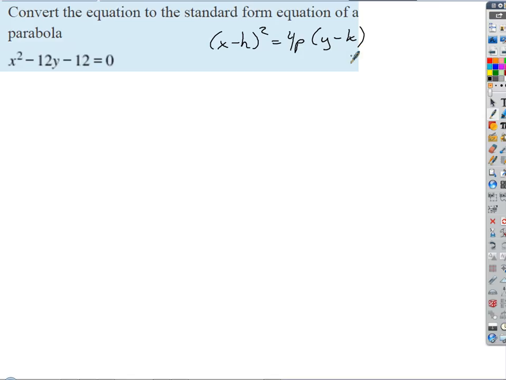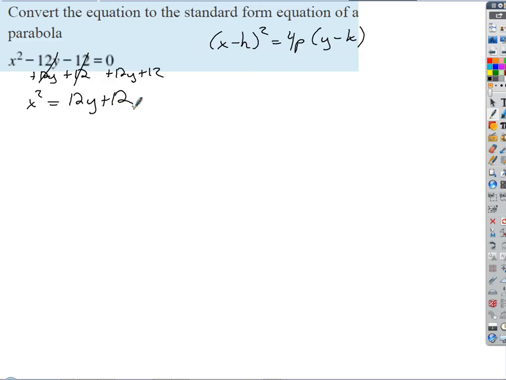So the x terms go on the left, so we get x squared on the left. We're going to add everything else to the other side. So we'll add 12y and 12 to both sides, which gives us x squared equals 12y plus 12.